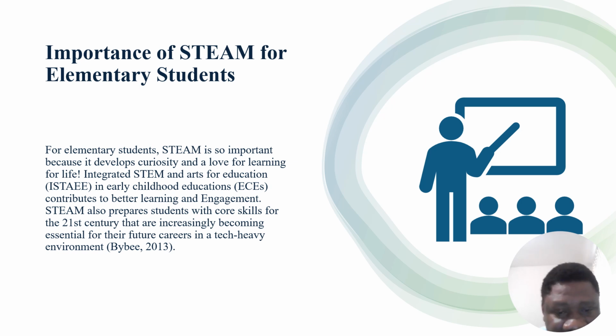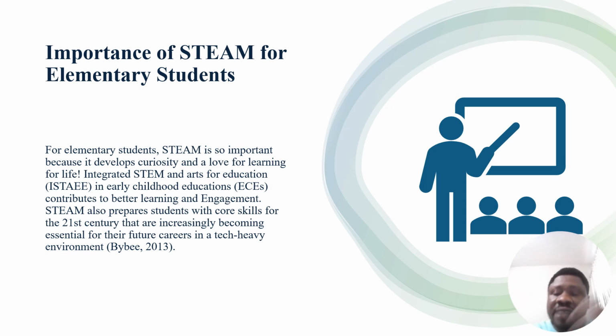Integrated STEM and art for education, ISTAEE, in early childhood education contributes to better learning and engagement. Students will be more engaged when the STEM education environment is adequately provided and is accessible.